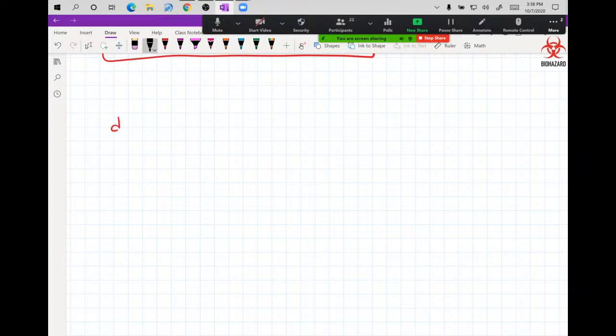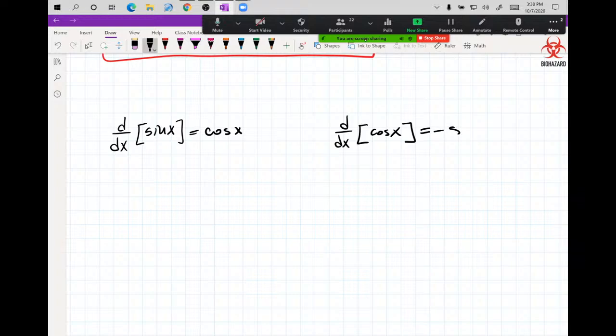So, the derivative of sine x is cosine x, and the derivative of cosine x is negative sine x. Now, we haven't done all of these. I only did 3 out of 6. So you will have to trust me on the last 2, and then you can go and verify them because you know what calculations you're supposed to use.